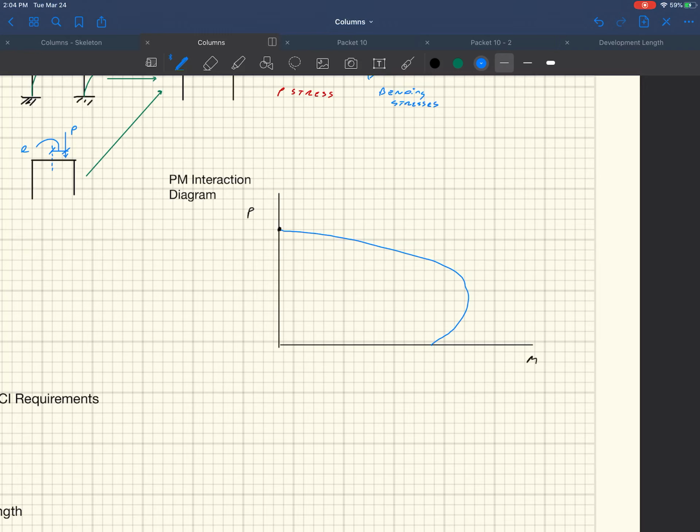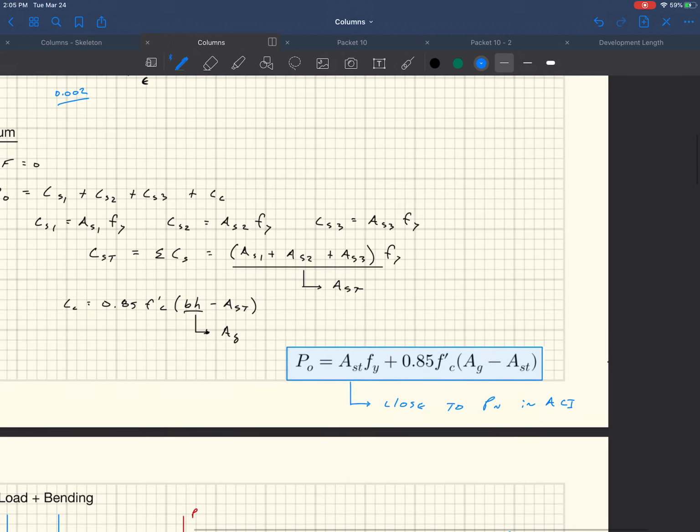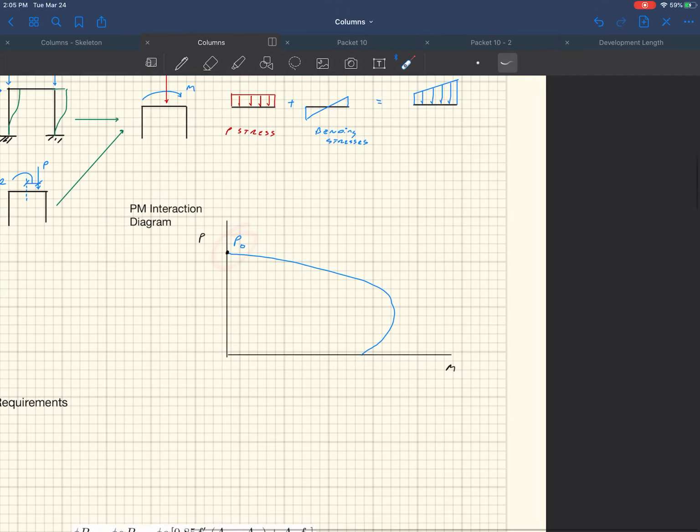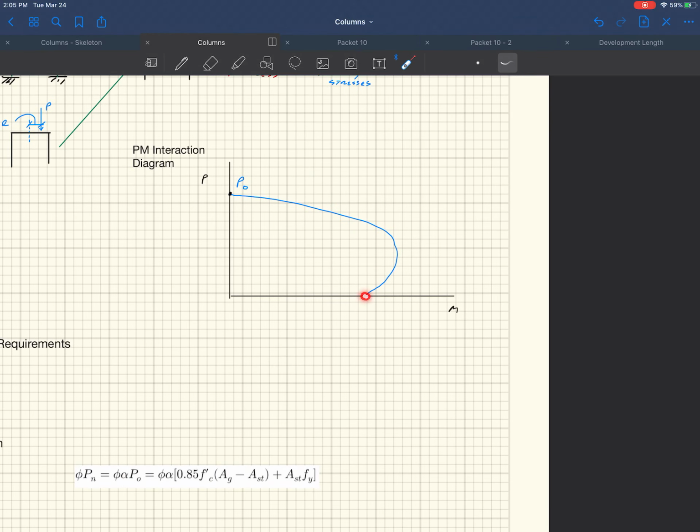That's a better one. And so this point right here is going to be P naught, which we calculated before. The mechanics up here for P naught is this case on the far left, because in that particular case you have no moment and straight axial load. That's what P naught is. This point right here is Mn.